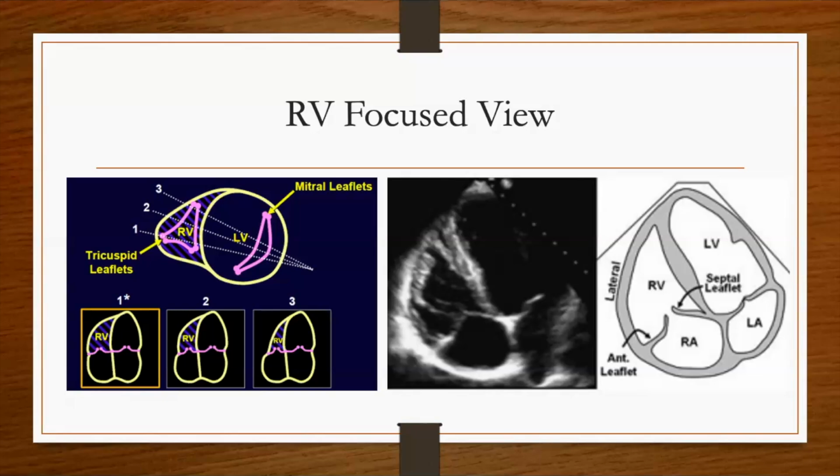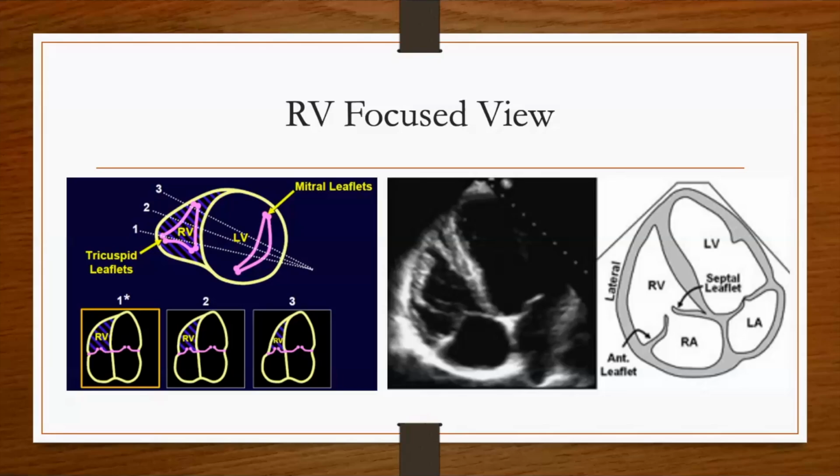As you mentioned, one of the things to remember is that you want to keep the LV apex at the top of the triangle, and then tilt it so that you focus more on the RV, which is why it's the RV focus view. You can rotate the probe to maximize the size of the RV while keeping the LV apex.